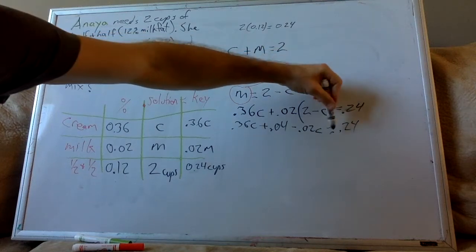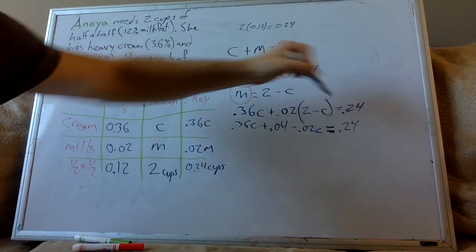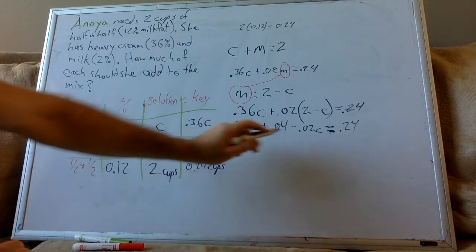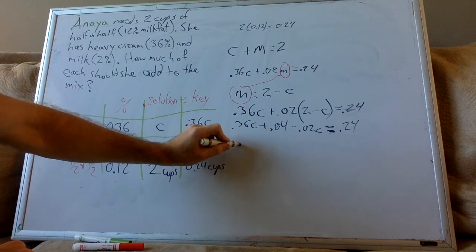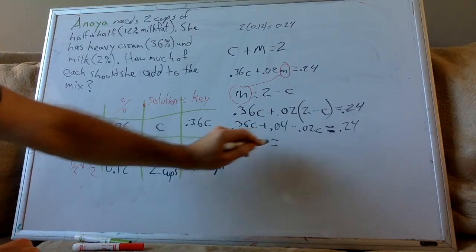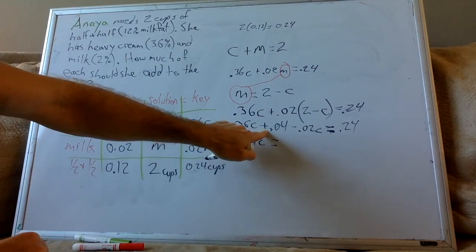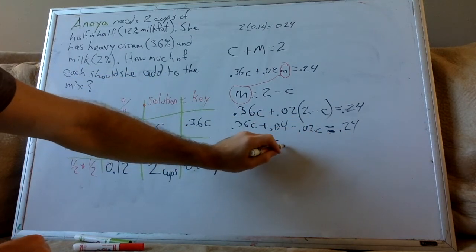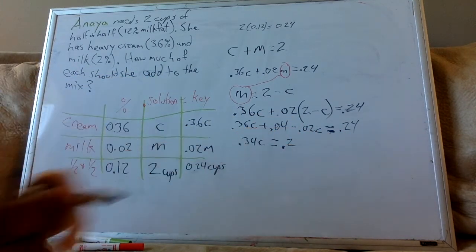That's an equal sign. Now I'm going to combine my like terms, so I take off 2 hundredths here, and now I get 34 hundredths C, and then I subtract my 4 hundredths from here, so that gives me 2 tenths.